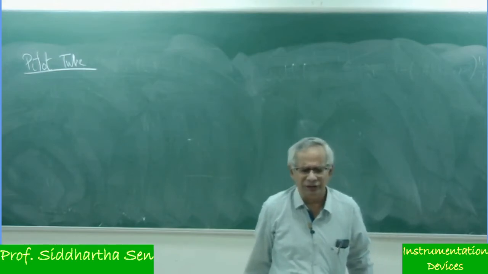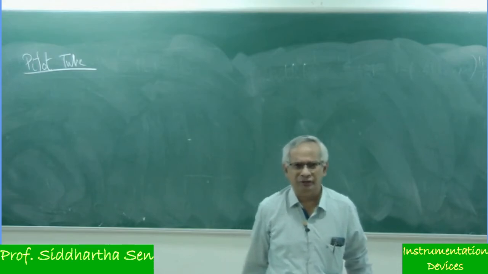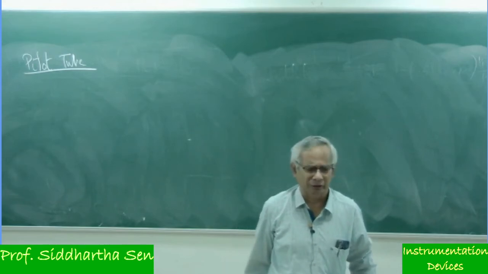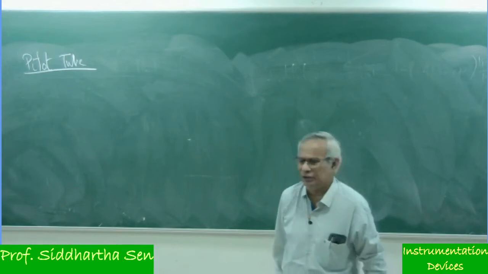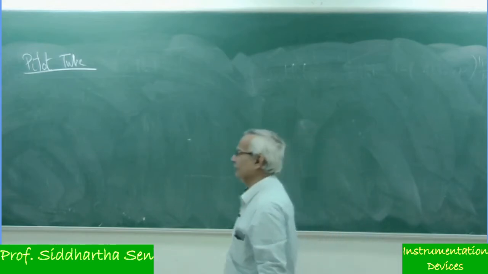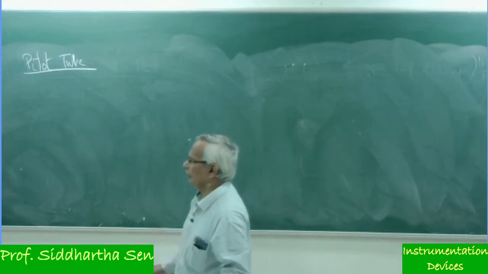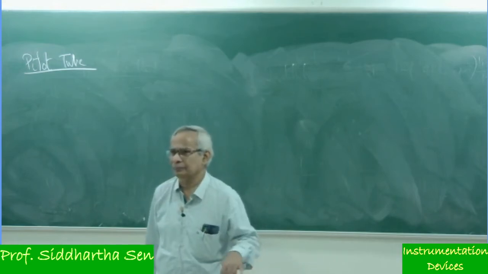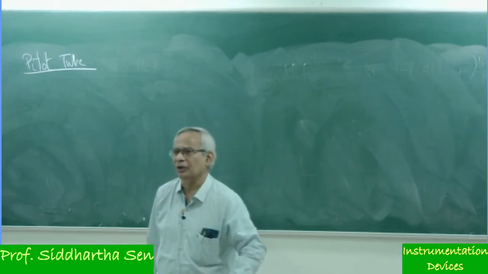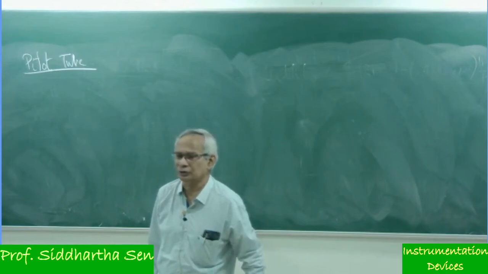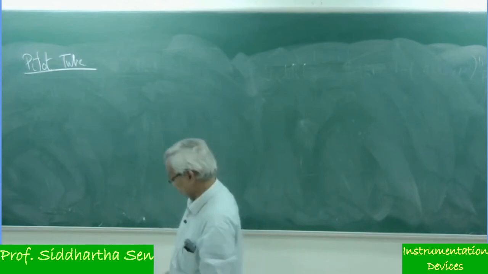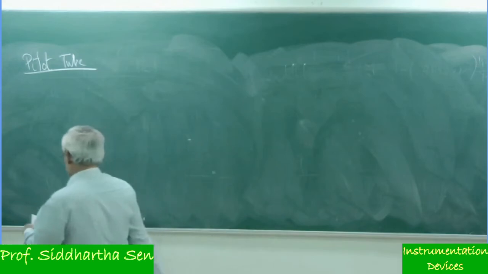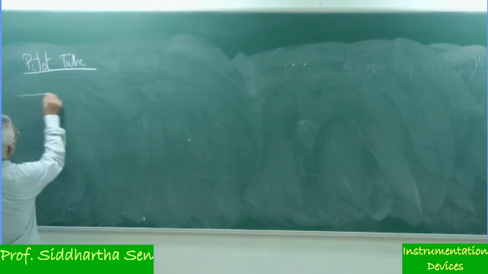That is basically a Pitot tube to measure the velocity of the aeroplane. So it is a very useful technique. Not only for air velocity, but for the velocity of moving vehicles like submarines or ships, the Pitot tube is very much in use. So it is a very simple type of instrument.